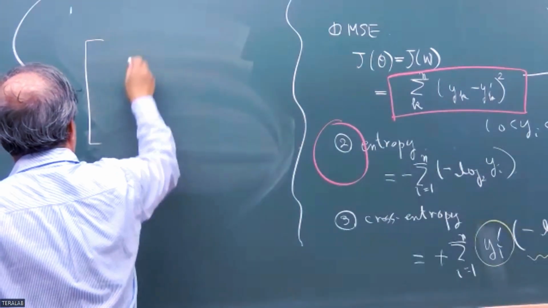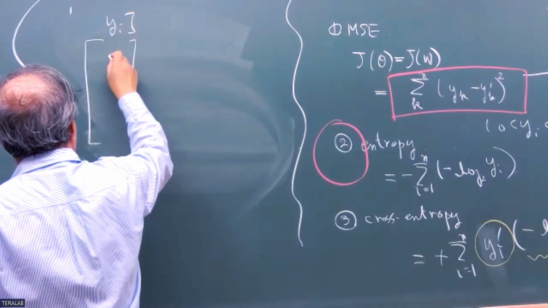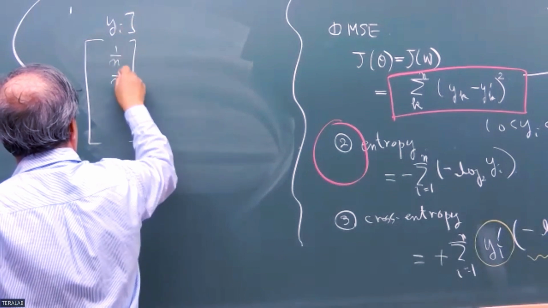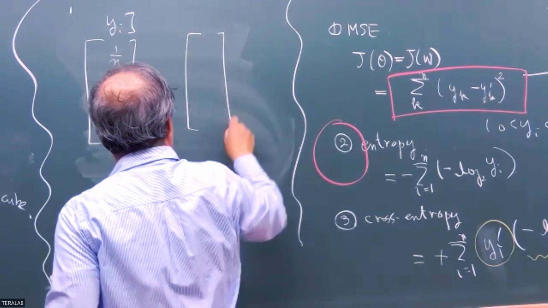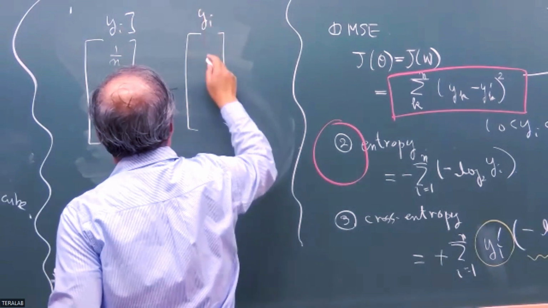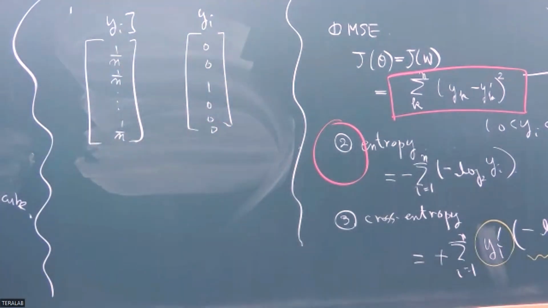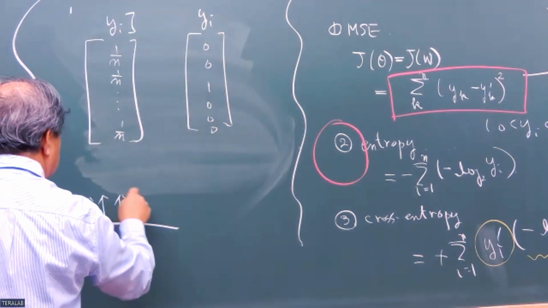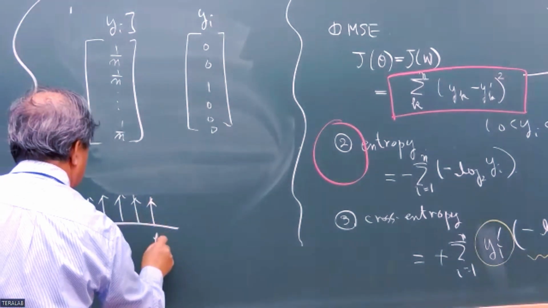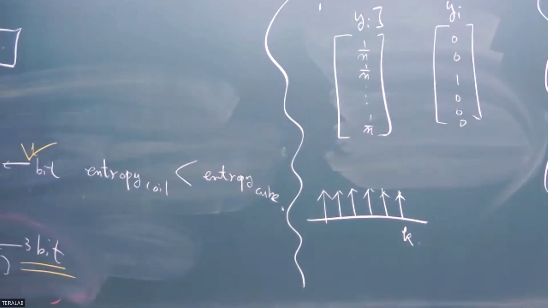Let's assume your yi is equal to this, and let's assume you have another type of yi. This first one is a uniform distribution. Let's assume you have a uniform distribution of your generative AI output.